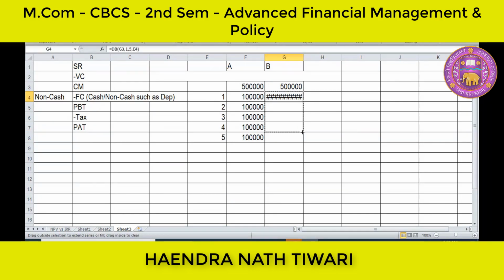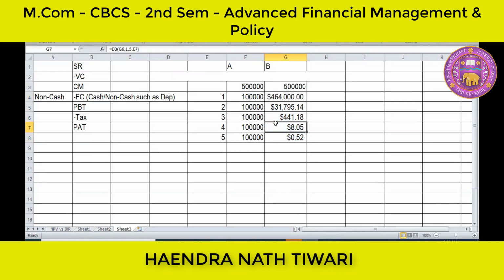This company is using written down value method and charging these depreciations.